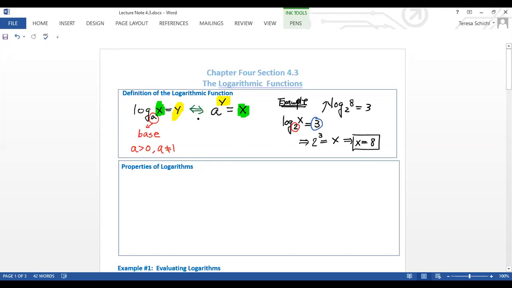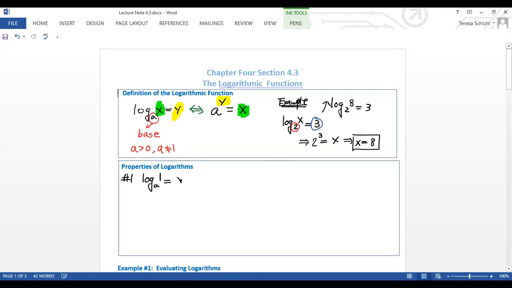Now let's take a look at a few very key properties. Let's take a look at property number 1. For any base a, if my log function is log base a of 1, what is this value?